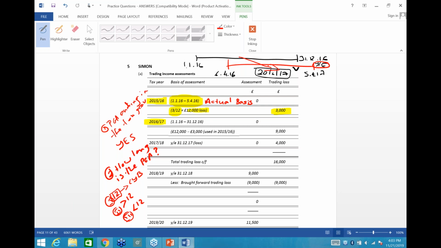Overlap profit is a situation where the same profit has been taxed previously in a different tax year. In the last tax year also, part of the profit has been taxed, and now the same profit is taxed again due to the current year basis rule that we apply. We call it overlap profit. That's unavoidable.